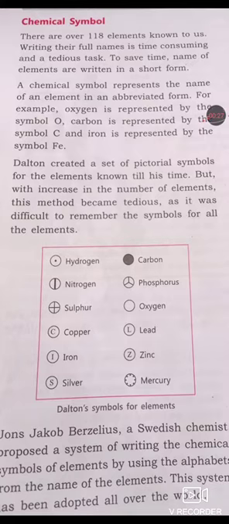To better understand chemical symbols, let us think about this. People around us speak in different languages. Some speak English, Hindi, Punjabi, Bengali, isn't it? Others speak Spanish, French, and so on.